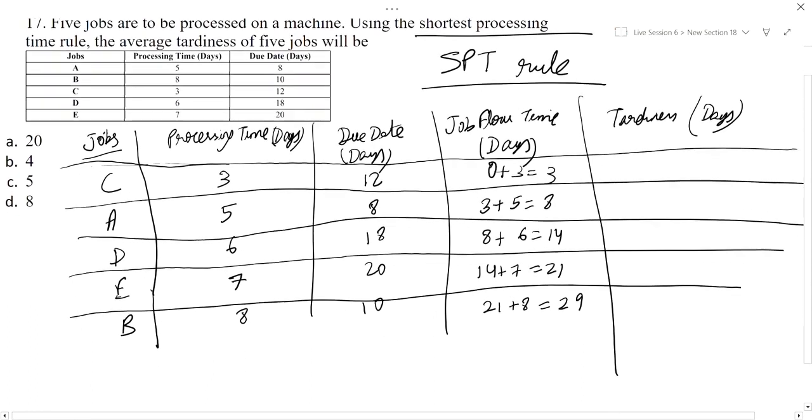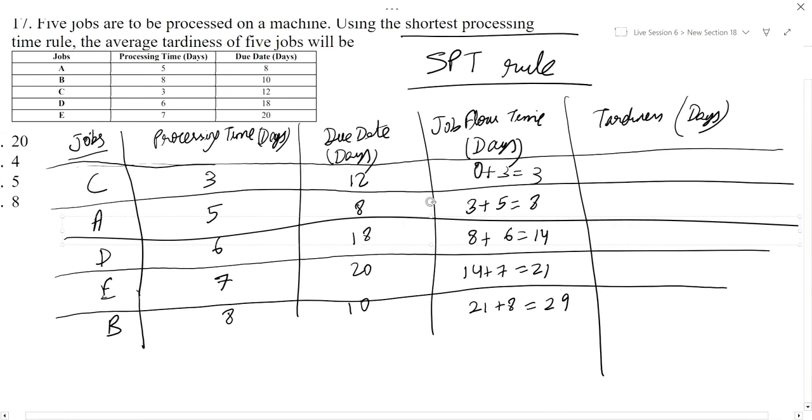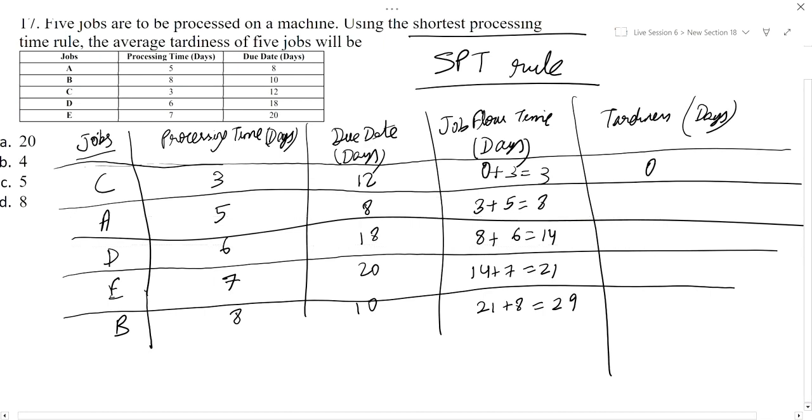Now the first one, job flow time is equal to processing time, tardiness is 0. Here if you can see, the critical ratio will be 1. Then the job flow time is less than equal to due date. Sorry, here the critical ratio is greater than 1.